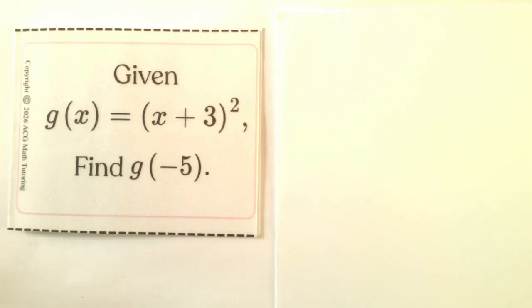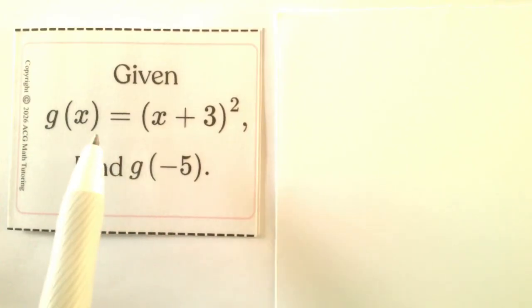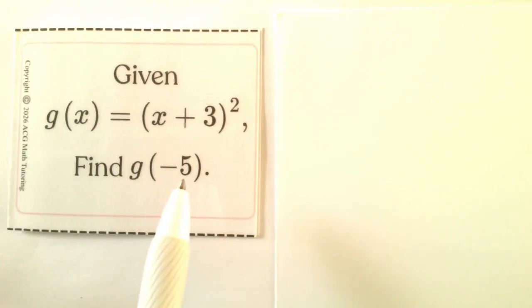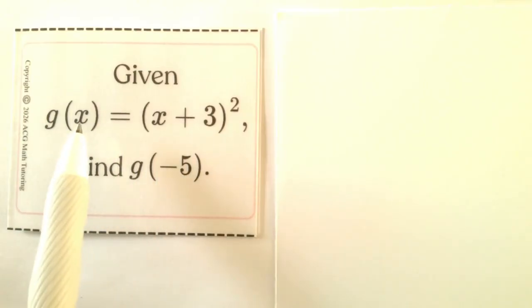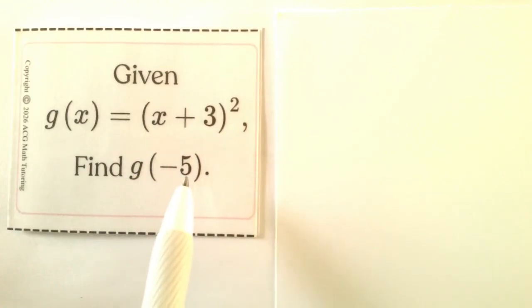All right. So if you notice, the g of x and the g of negative 5, the negative 5 and the x are both in the same spot. That's telling me that wherever I see an x in this expression, I'm going to substitute it with a negative 5.